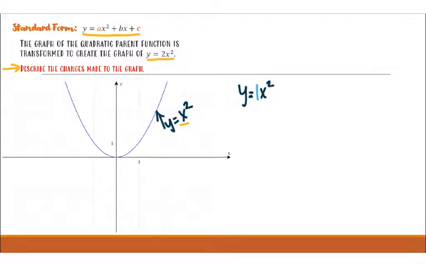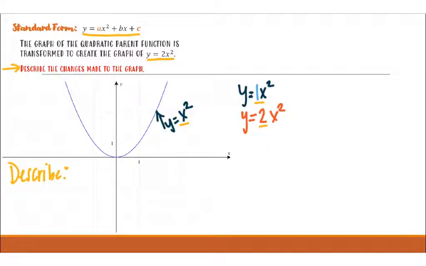Looking at the a value in the new equation that we're going to graph in a second, the a value is 2. So when we describe our changes off to the side, we're going to have to describe how an a value going from 1 to 2 affects the graph of my quadratic equation.